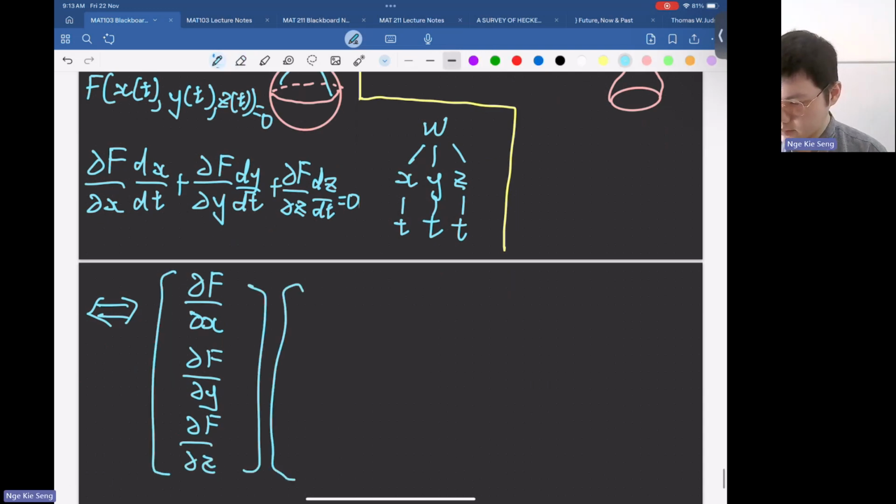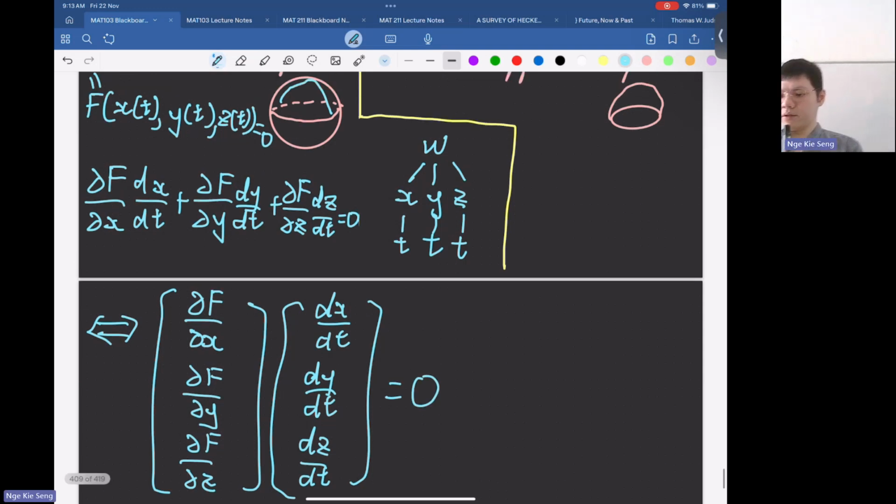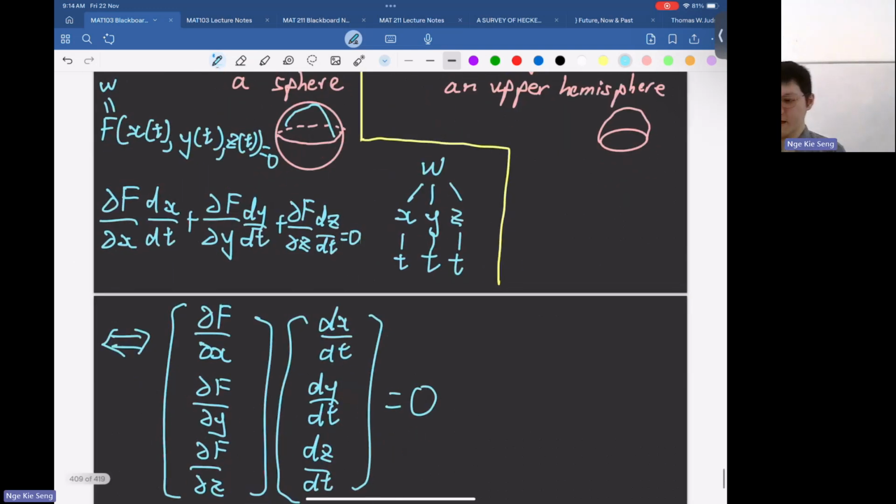What is this column representing? Let's give this path a name.